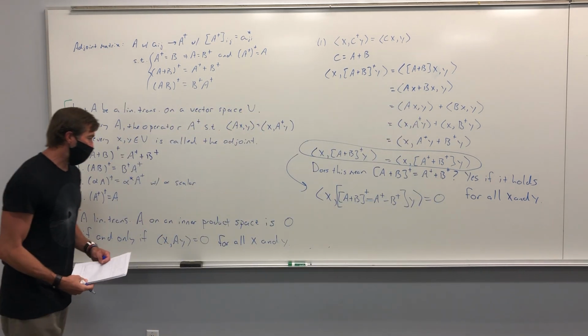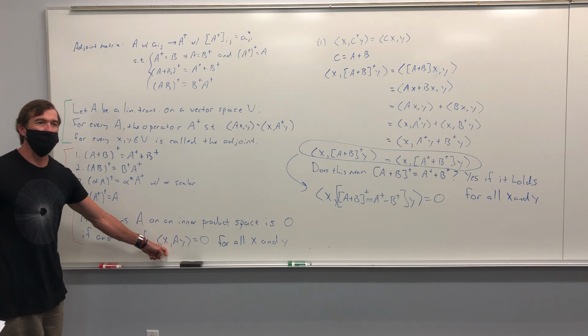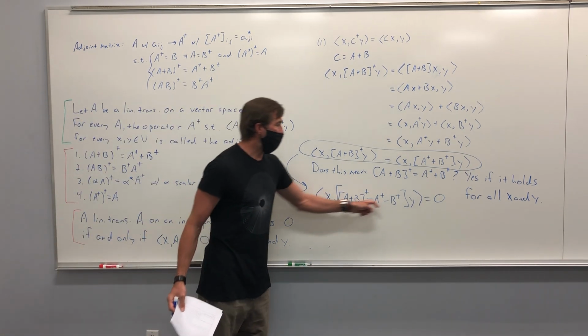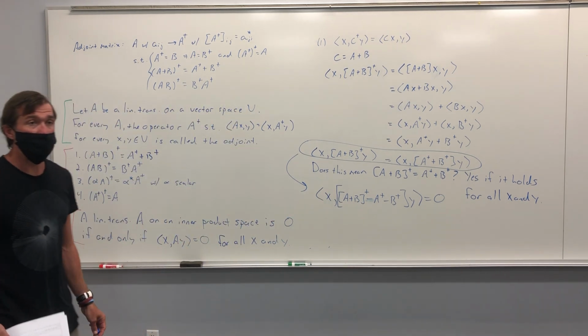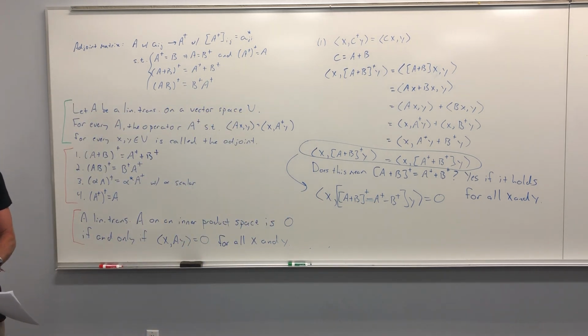Now we're just reducing it to this. Because if this is equal to 0 for all x and y, then this thing is 0, which means that (A+B)† is A† plus B†.